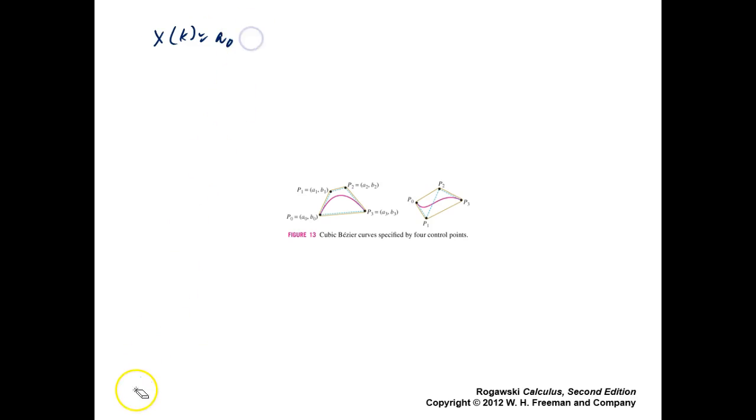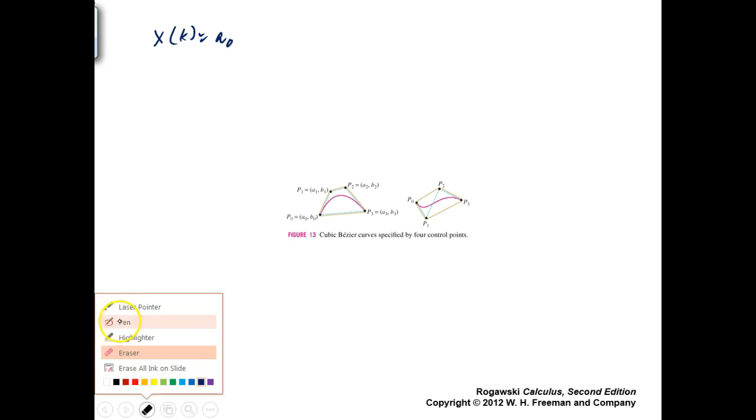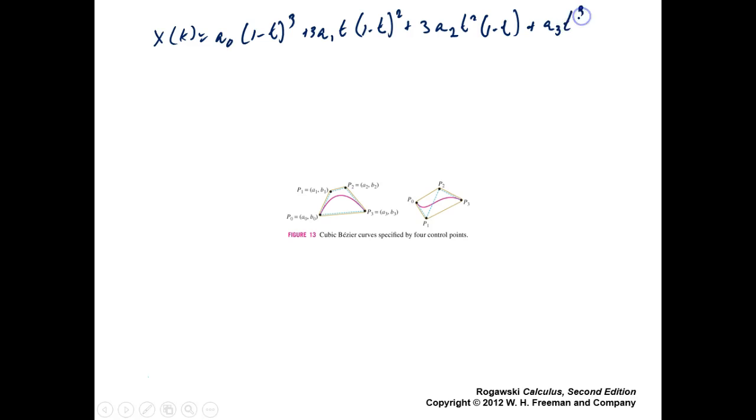And frankly, I don't think it matters which one you start with, but they start with it this way. 1 minus t cubed plus 3a1 t times 1 minus t squared plus 3a2 t squared times 1 minus t plus a3 t cubed. Got it right?